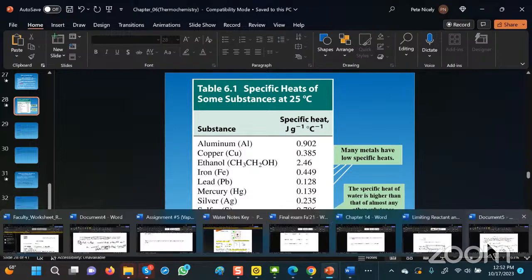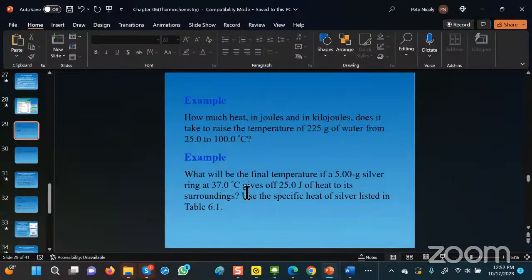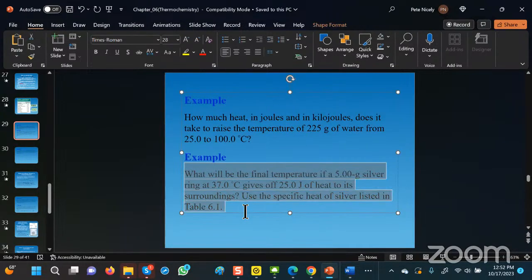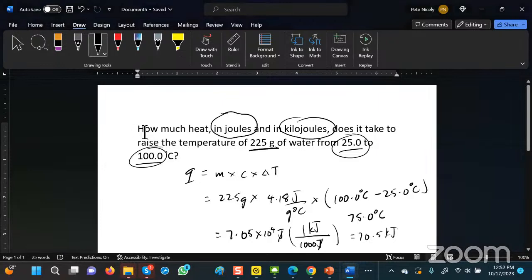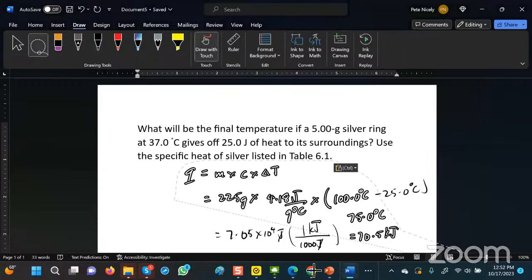So let me copy this here and paste it onto the Word document, and get rid of all this here.